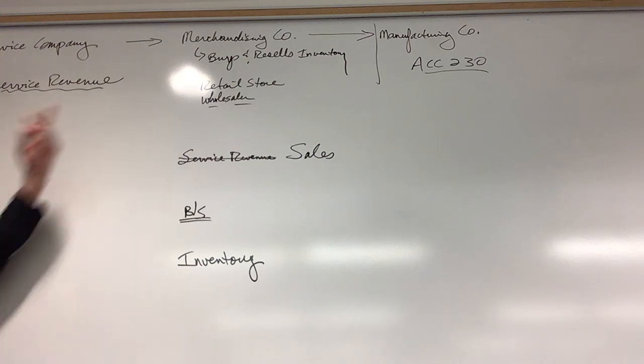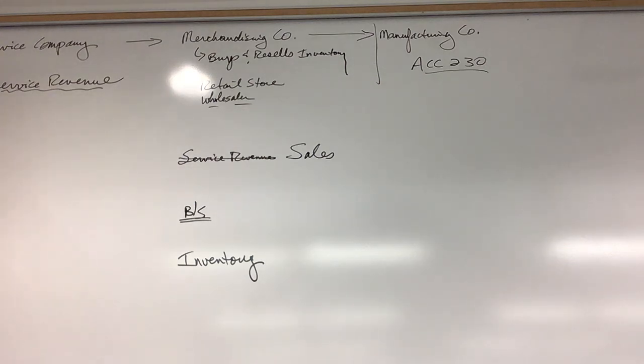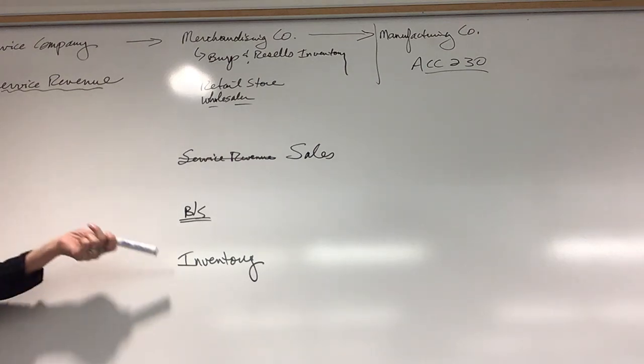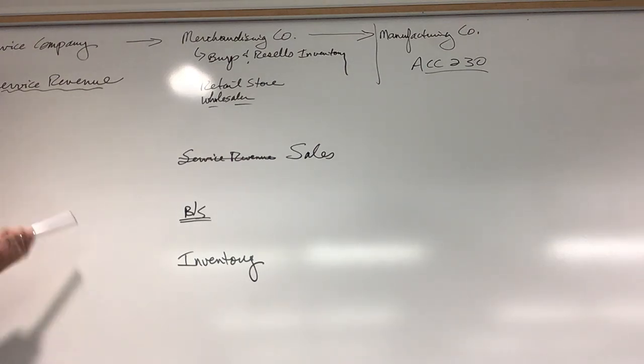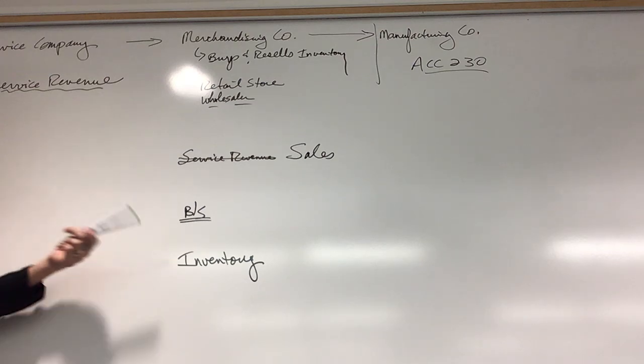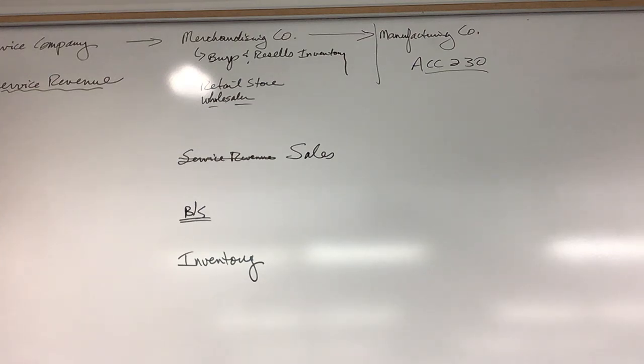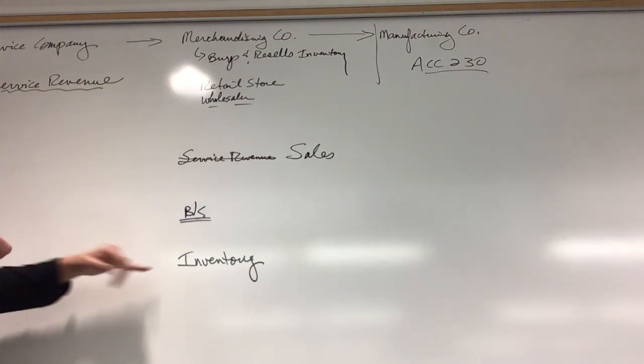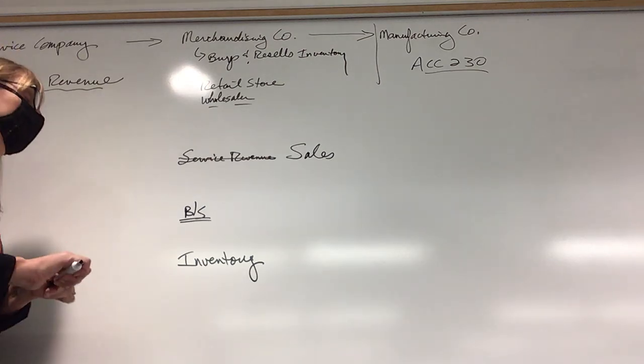But if we were a retail store that sold office supplies like Staples or something, that copy paper would be our inventory because we're holding it for resale. This could be cars. If we were a car dealer, it could be inventory. This could be land. If we had a subdivision and we're selling lots in a subdivision, that would be our inventory because we're holding it for resale. So anything that's being held for resale is inventory.